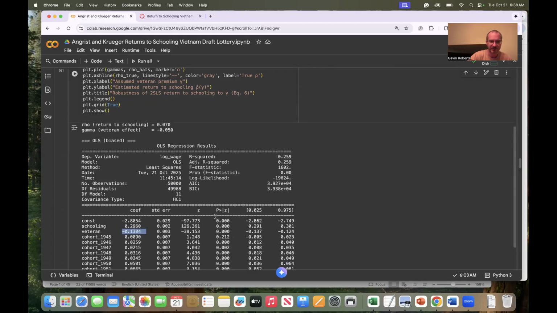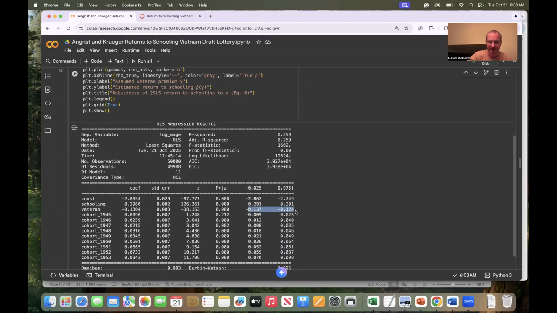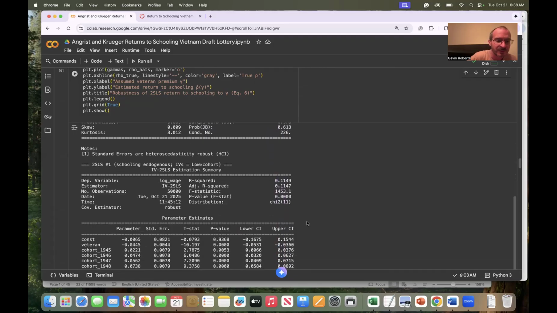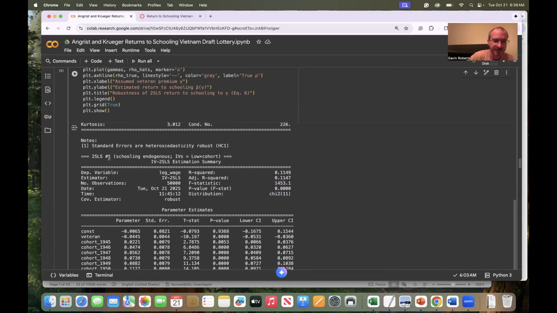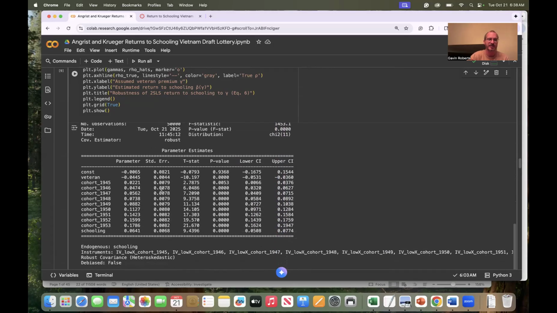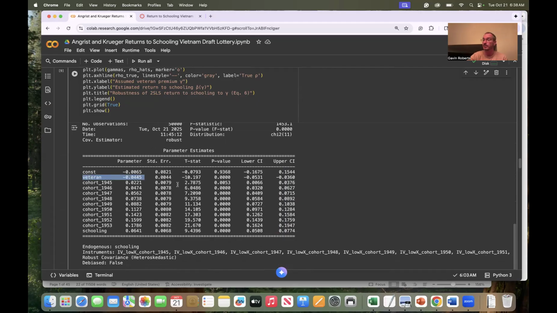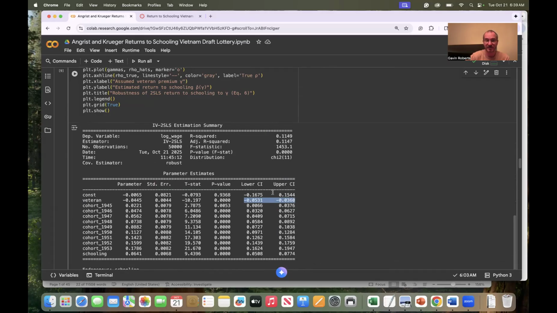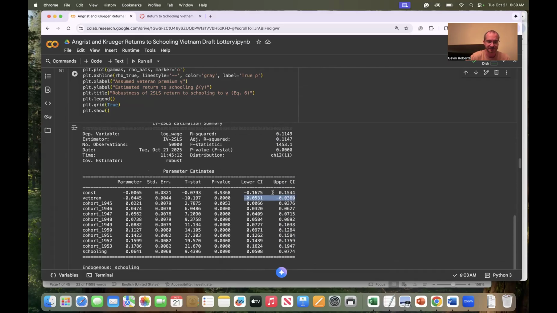Here we have negative 0.05. That is not inside this confidence interval. Our 0.07 is not inside this confidence interval. So now in our first 2SLS, two-stage least squares regression, we're still assuming veteran is exogenous. There we do get an unbiased result from assuming veteran is exogenous. And so that's okay.